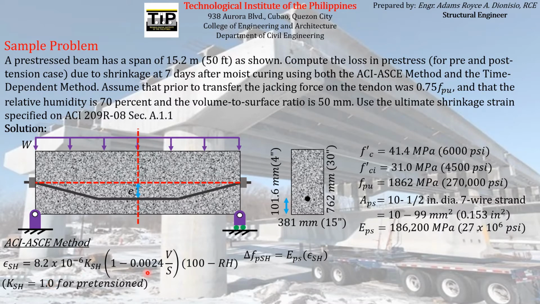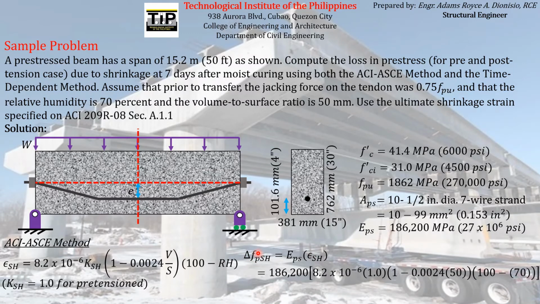And then V over S is given in the problem, the volume to surface ratio, which is equal to 50 mm, as well as the relative humidity, which is equal to 70%. So we just have to substitute them in this equation, and then we can already compute for the adjusted shrinkage strain that will be used in this equation to find the pre-stress loss due to shrinkage.